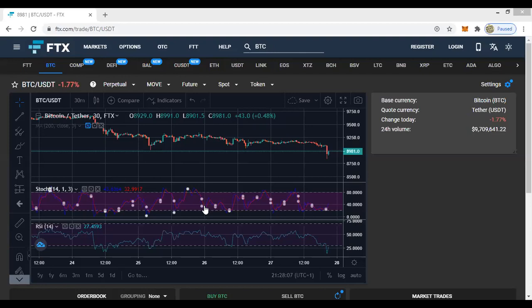What confirmation does stochastic give us? Actually, it is a momentum indicator, like I said. It tells us the change or the intensity of the price change in the markets. So that is what stochastic tells us, if I got your question very well.